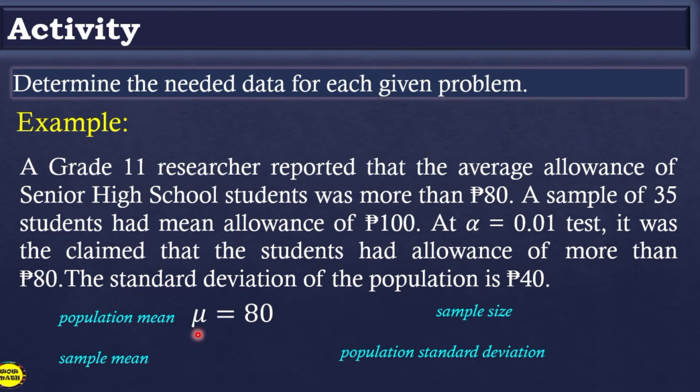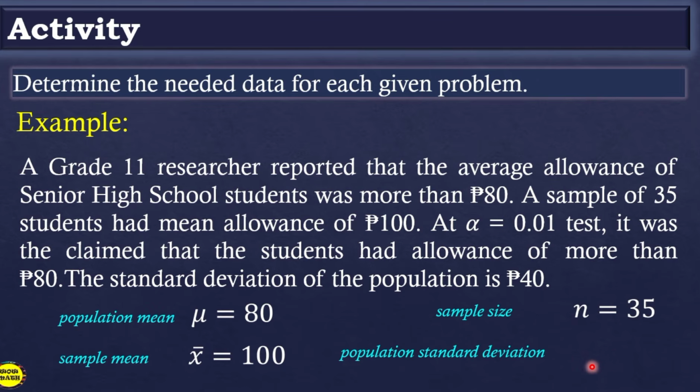And for sample mean, since nakalagay dito that a sample of 35 students had mean allowance of 100, ibig sabihin, yung sample mean natin is 100. Ito naman yung symbol na ginagamit natin for sample mean. And the sample size is a sample of 35 students, so the sample size is 35.